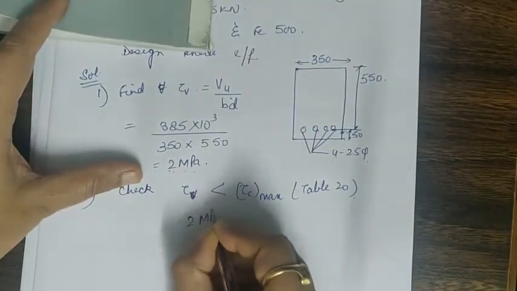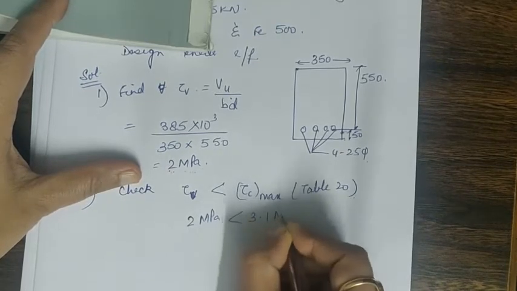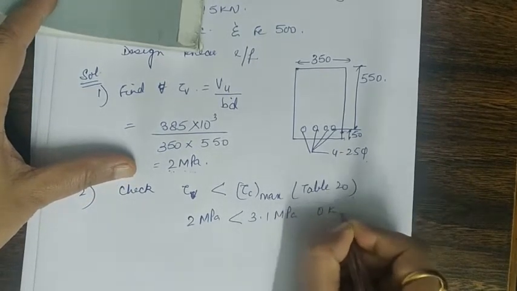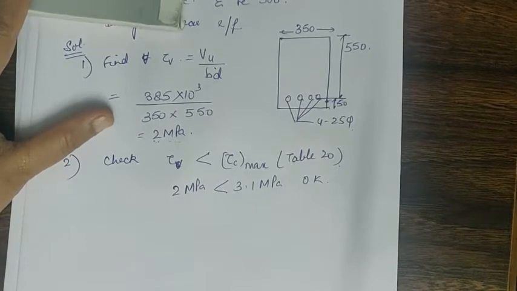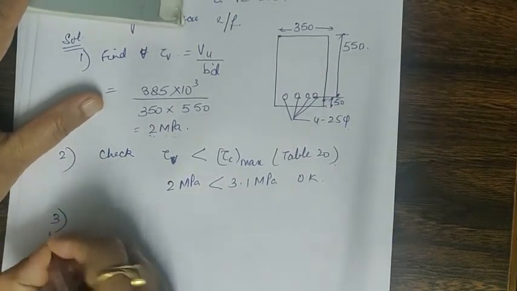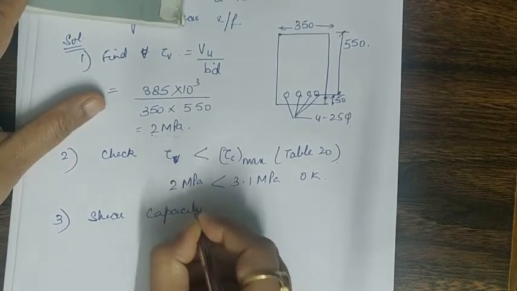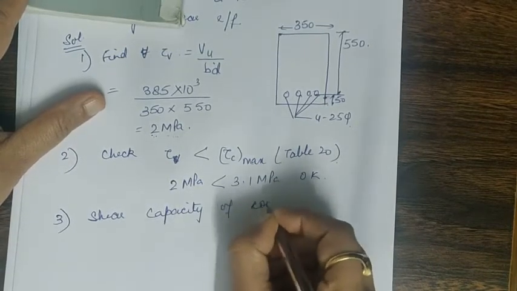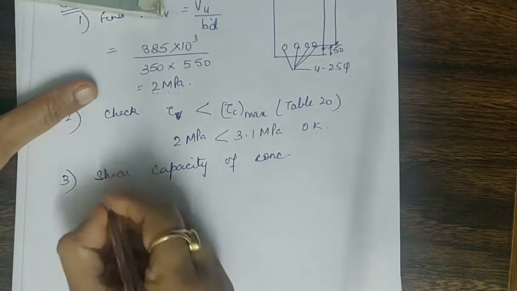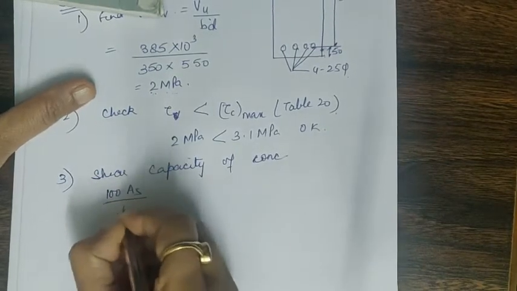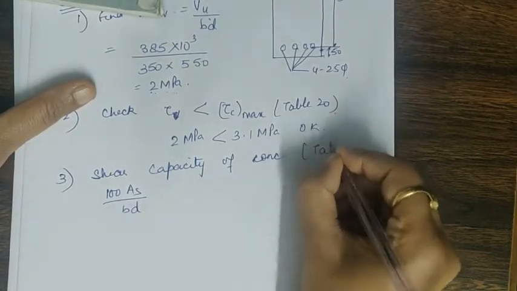So 2 megapascal is less than 3.1 megapascal. So therefore this step is okay. You can proceed to the next step. Third step is find shear capacity of concrete. How do we find that? From 100 As upon bd using table 19.